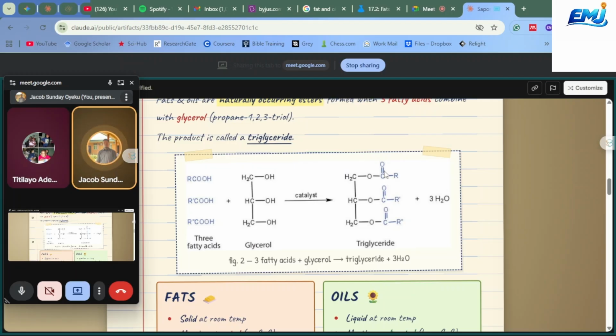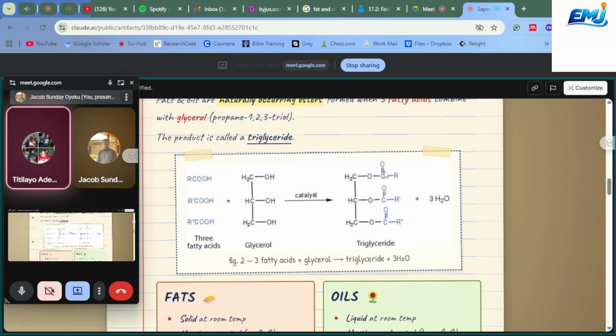In organic chemistry, we have single bond, double bond, and triple bond. Single bond is said to be saturated, while double bond, that is 2, and triple bond, that is 3, are said to be unsaturated. Do you understand?